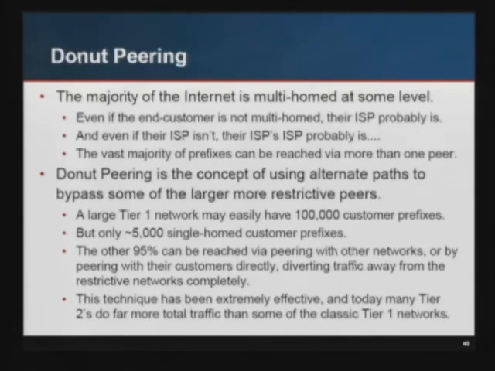But at the same time, everyone else is growing faster than them, everyone else is doing more traffic than them, bypassing them completely. So yes, you may still need them to get to some portion of the internet, but more and more huge portions, huge eyeball networks, huge content networks, are able to bypass paying these guys completely and have direct relationships.